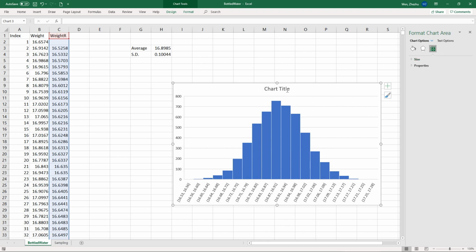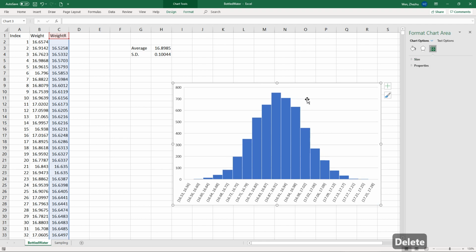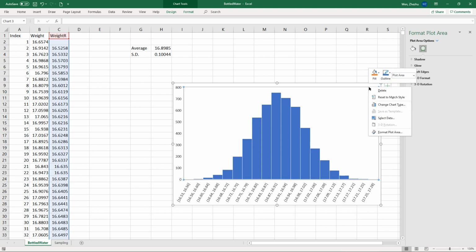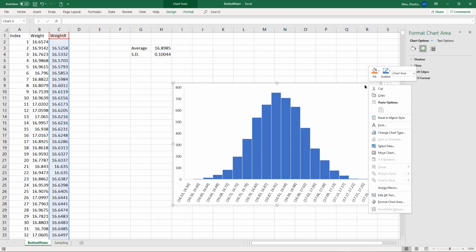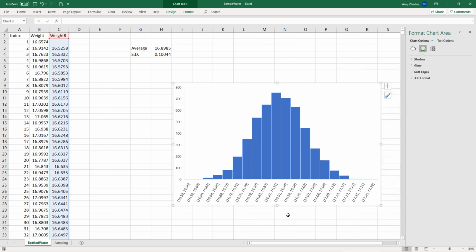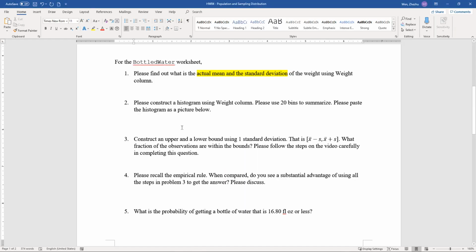I ask you to remove the title. I also ask you to remove the grid lines. Just click here and it will highlight the grid lines. Just click your keyboard delete key. It will help you delete the grid lines. So this is nice, clean looking. Right click the whole chart and copy, and bring it back to your Word file.